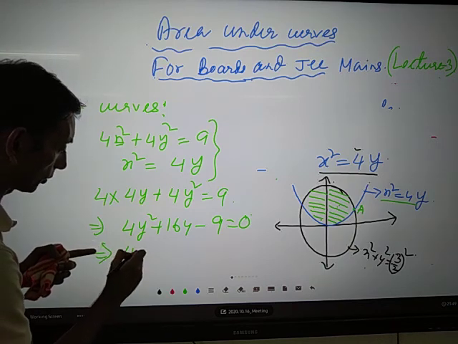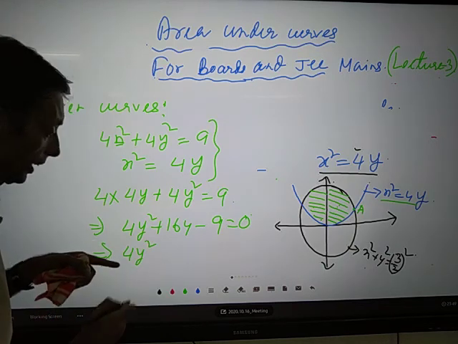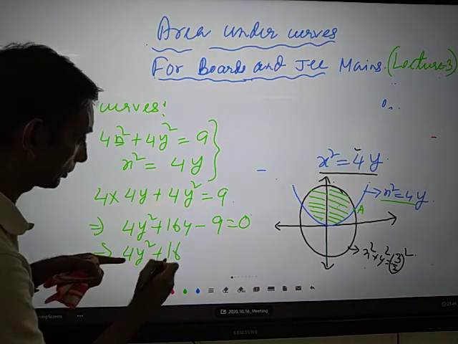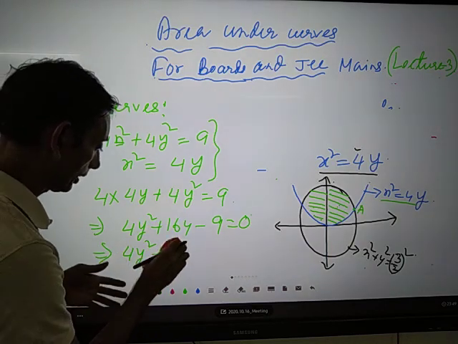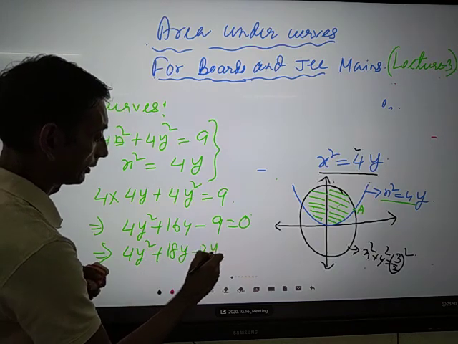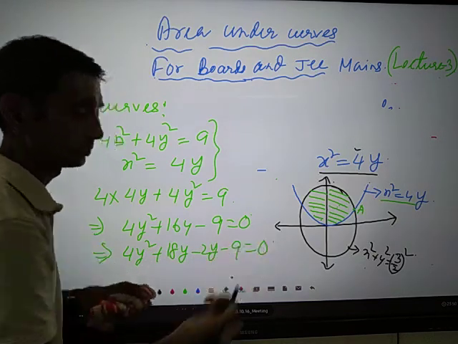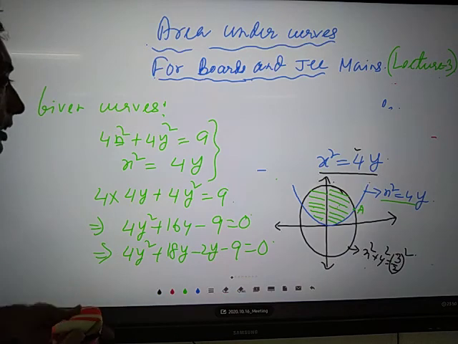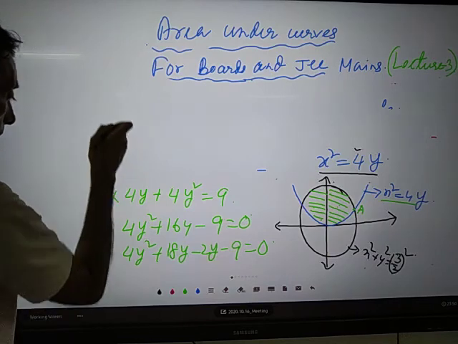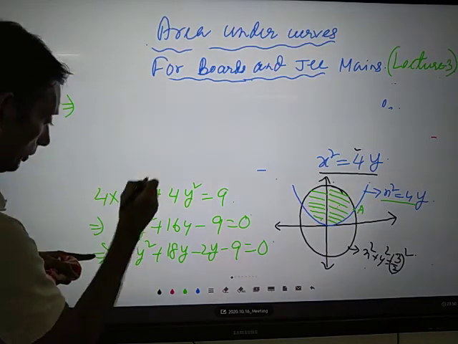If we go for middle term splitting, 4y square and 9, 4 times 9 is 36. So the middle term can be written in terms of 18 and 2, that is 18y minus 2y minus 9 equal to 0. Now just write the solution. We'll factorize.